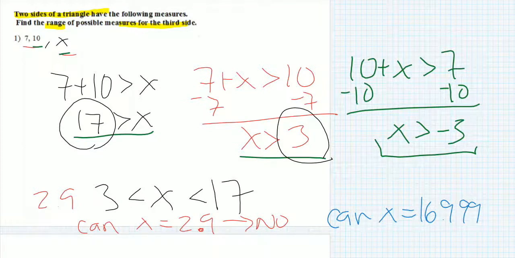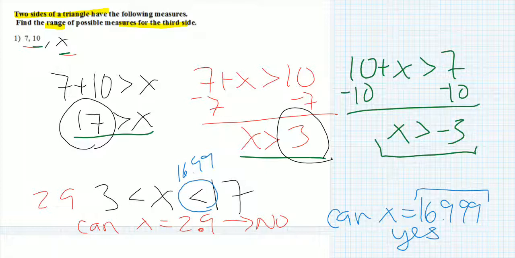Well, the answer for this one is yes, because 16.999 would fall right before 17. Remember, it has to be less than 17. I know it's super close to it, but it doesn't matter as long as it's less. If, for instance, it's 17.000001, that is considered a no because then it's technically greater than 17, okay?